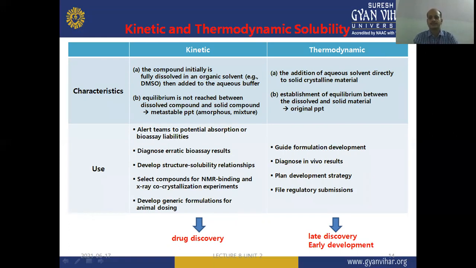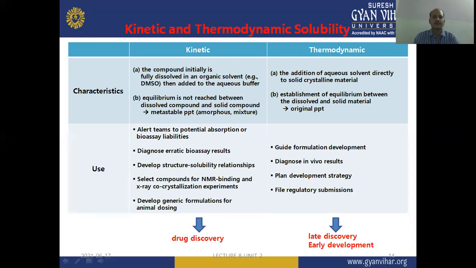In kinetic solubility, the compound is initially fully dissolved in an organic solvent like DMSO, dimethyl sulfoxide, and then added to the aqueous buffer. In thermodynamic solubility, the aqueous solvent is added directly to solid crystalline material.